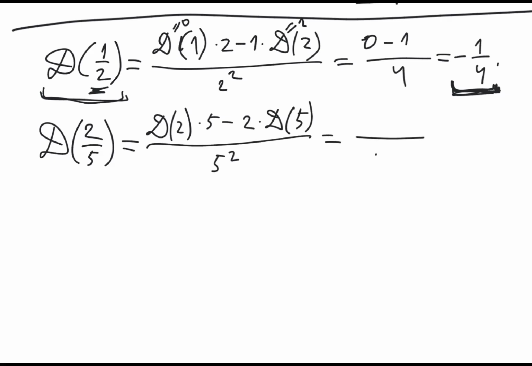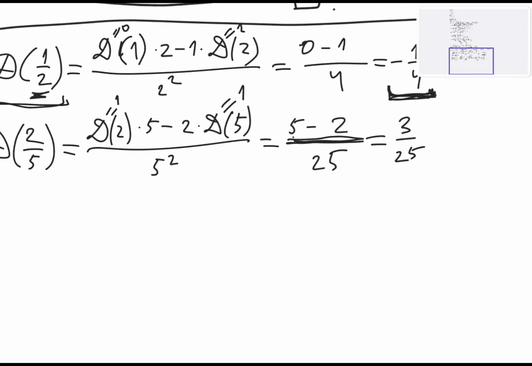So 5 squared is 25, and here d of 2 is equal to 1 because 2 is a prime number. D of 5 is also equal to 1 because 5 is also a prime number. So in total, the first term is 5 minus 2, right? So 5 minus 2 is 3, so 3 over 25, and this is equal to 0.12, right?